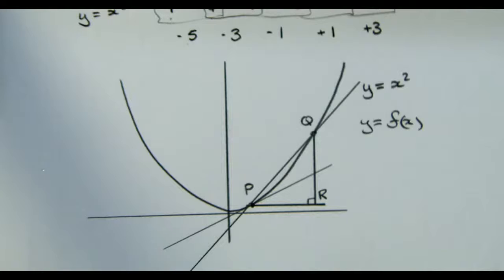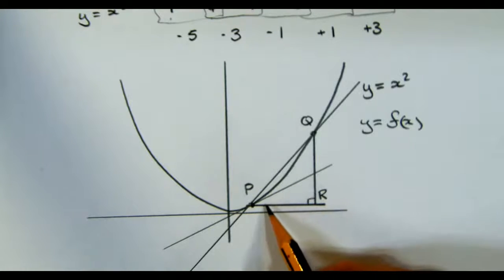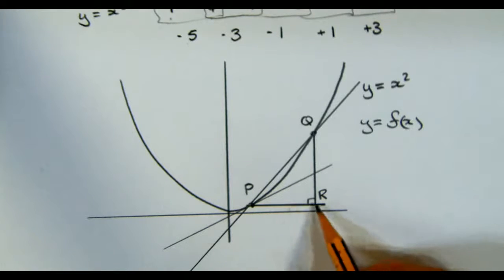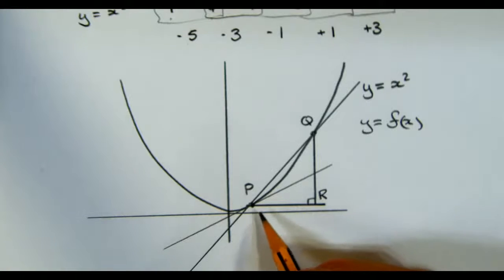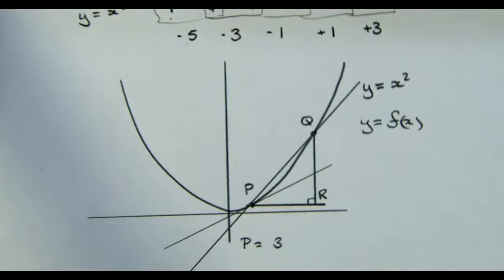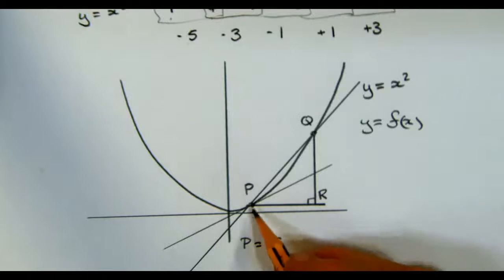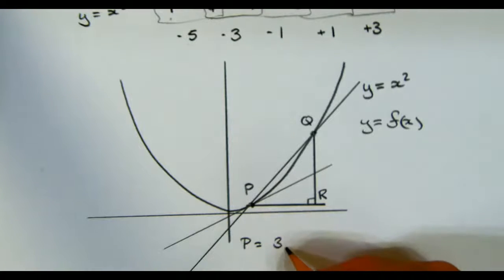So if this is a graph of y equals x squared, and this point P has an x value of 3, then the y value here has got to be x squared, which is 9.